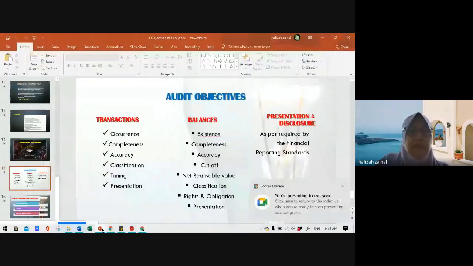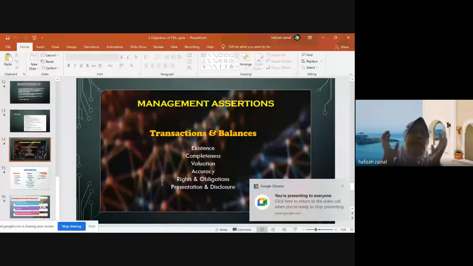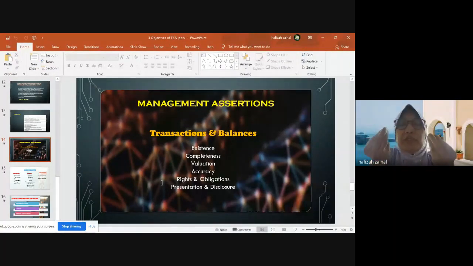Okay, the next thing is actually valuation. What is valuation? Valuation and accuracy normally go in tandem, all right, because it's talking about the amount of the transactions or balances. So in the case of just now, the invoice, what do we have on the invoice? How do we know how much is the amount?